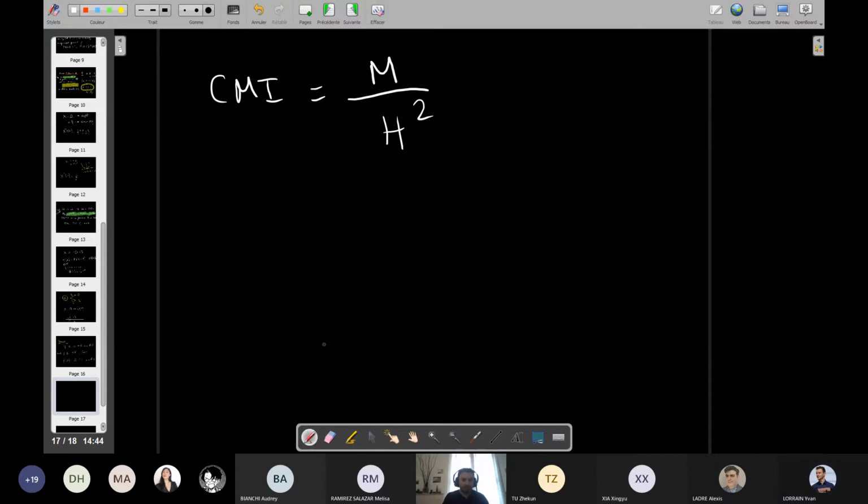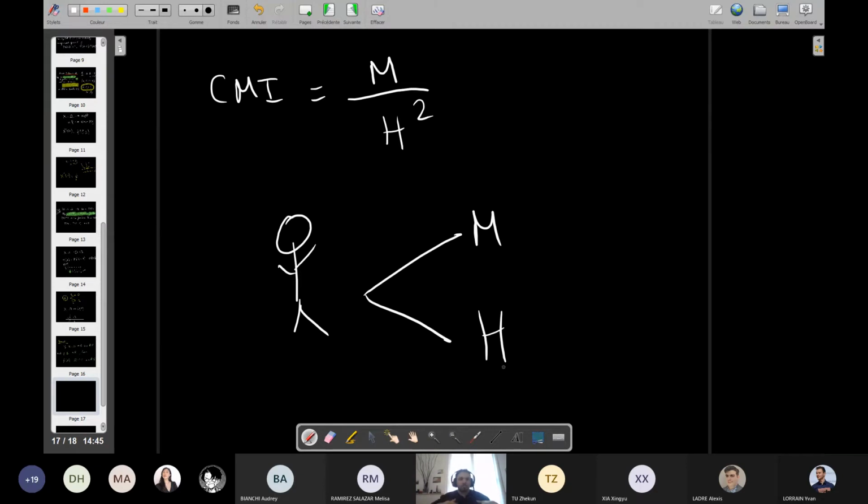So if you have a person, this guy has a mass and a height, but it's a random variable. It's different for everyone. If I don't have a precise recording of each person, I have to consider this information as random. And I have this function that takes x and y and gives me x divided by y squared.